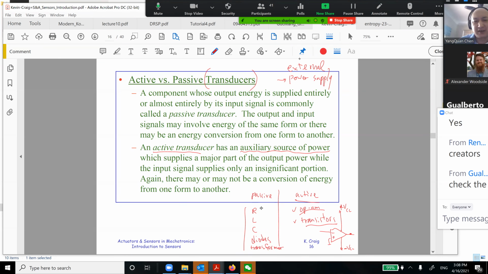Otherwise, it's called passive: the resistor, inductor, capacitor, diodes, and transformer, okay? Of course, a transformer transduces from one variable to another variable. Here, let me give you an example.